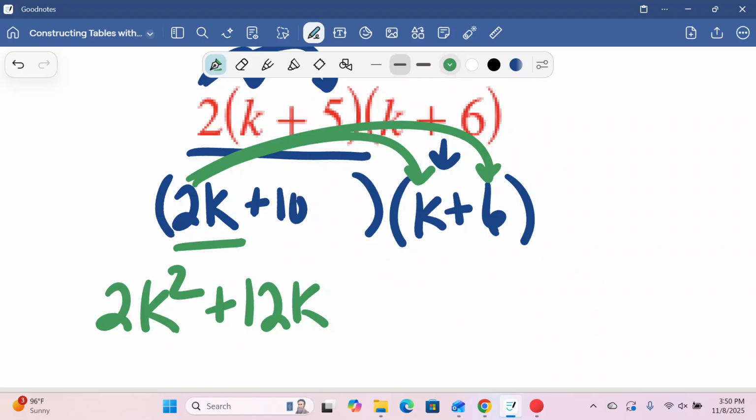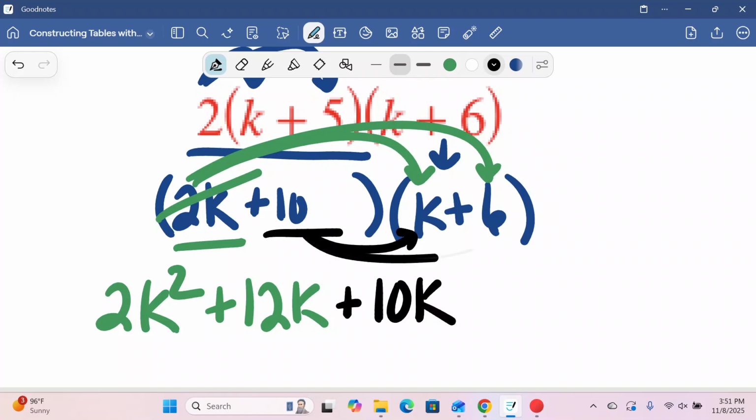So I have 2k times k is 2k squared, and 2k times 6 is positive 12k. Okay, so I'm done with that. I scratched that out. I'm going to do my next terms in black. So I'm going to do 10 times k, and it's going to give me a positive 10k. And then I'm going to do 10 times positive 6. It's going to give me a positive 60.